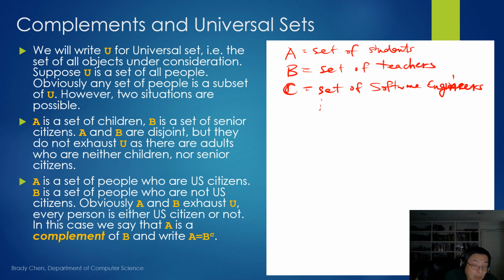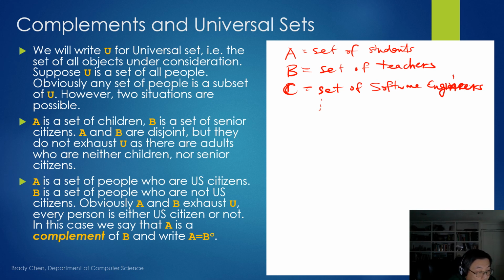Maybe one set is a subset of the other, or they may overlap, or they're disjoint, right? However, none of the sets consists of all the objects we are interested in or considering.